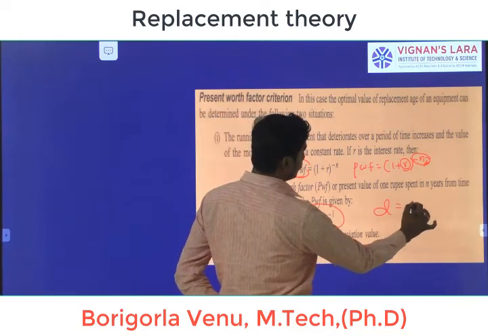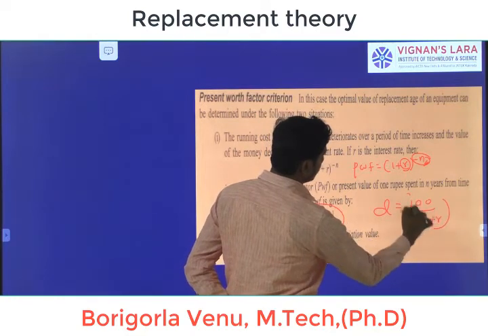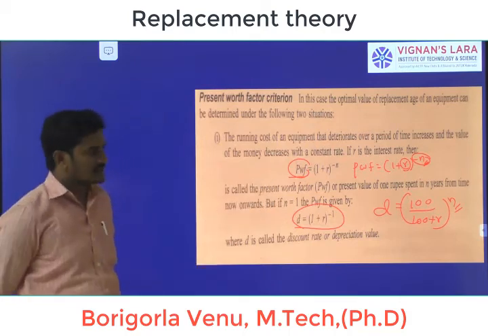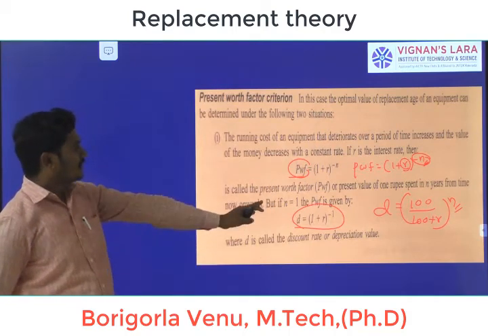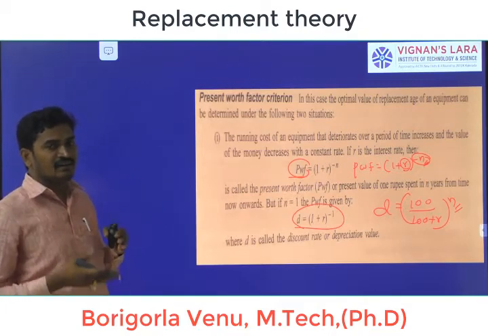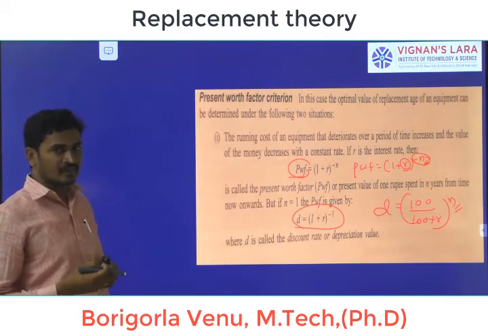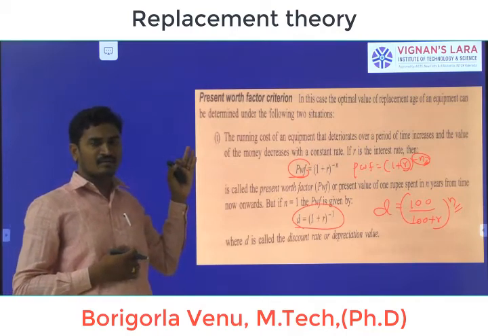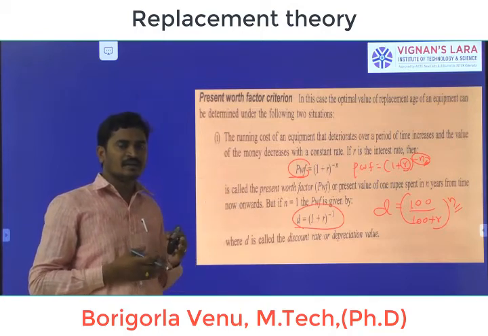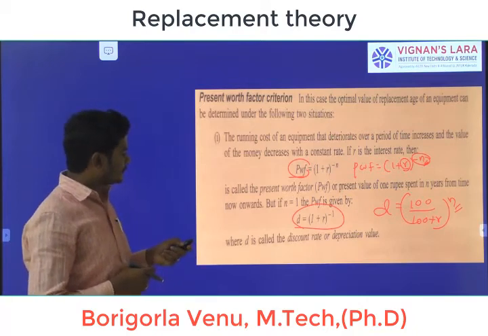D is equal to 100 by (100 + R) power N. There the interest rate is constant, but here the money constantly decreases with the interest rate. The capital cost was constant before, but here the capital cost also decreases based on the interest rate.